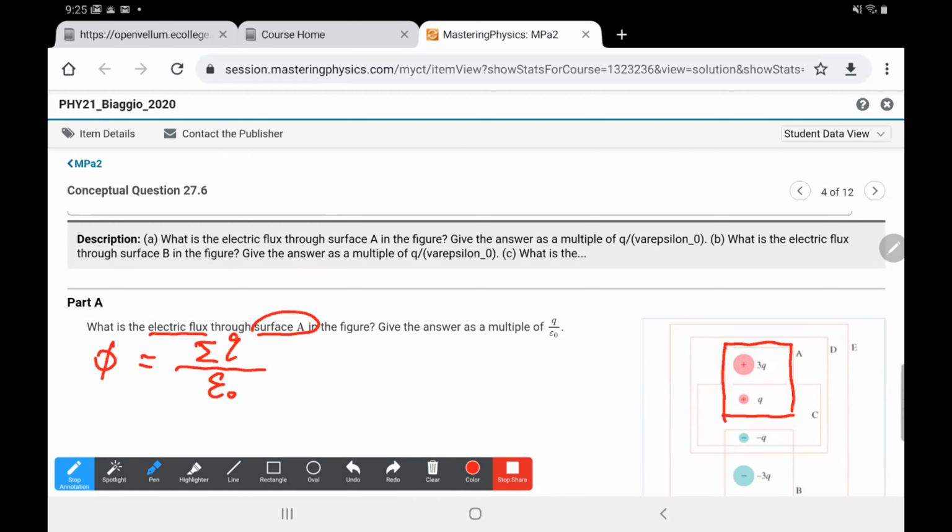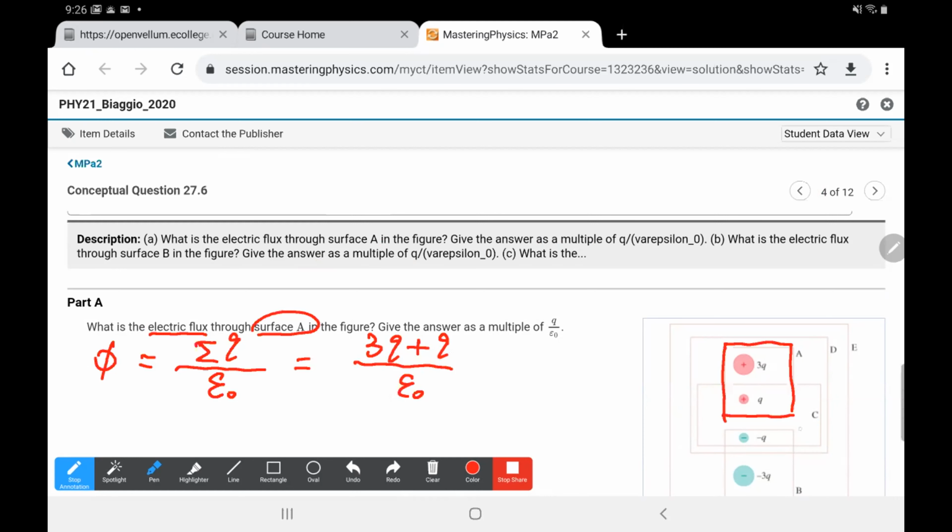Then let's count how many charges are in the surface A. There is a 3Q charge and a 1Q charge. So we sum them up, 3Q plus Q over epsilon naught.